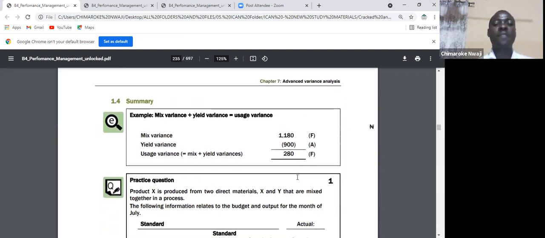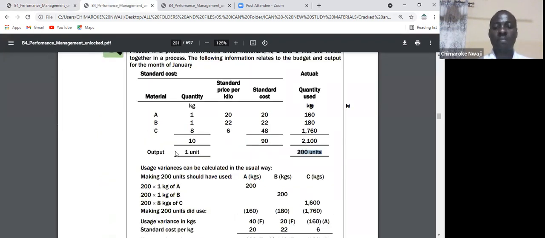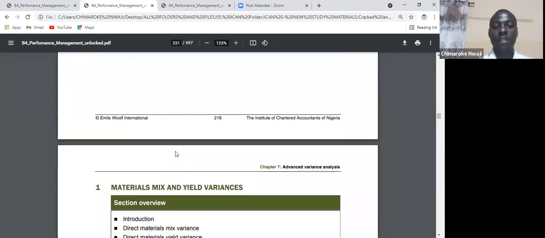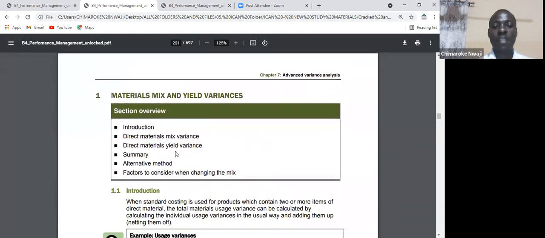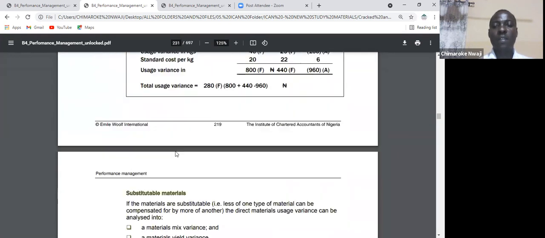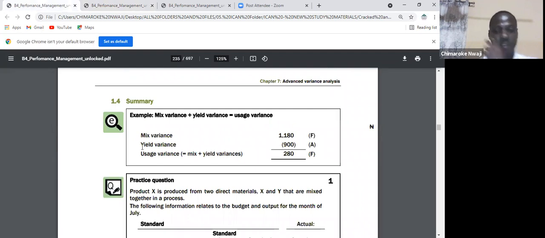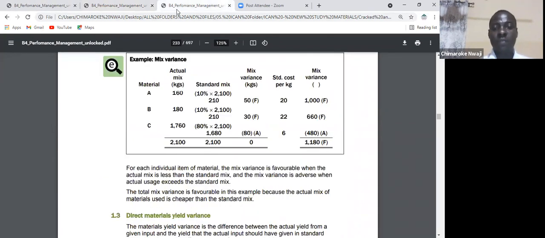And so our mix variance plus our yield variance should equal the usage variance. Let's get where we had that mix variance. First of all, this is our total variance, 280. How did we get our mix variance?